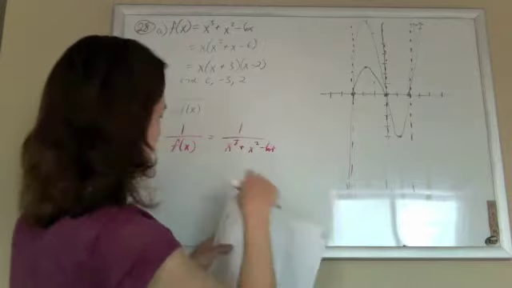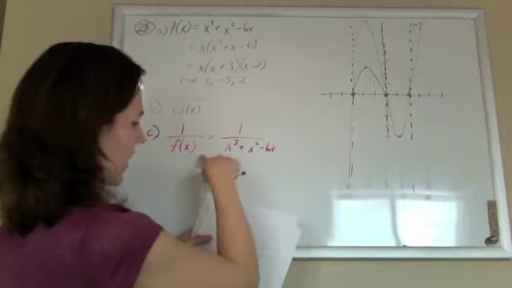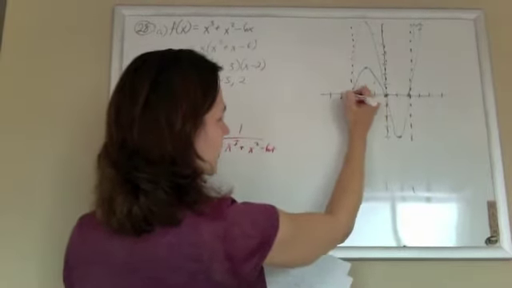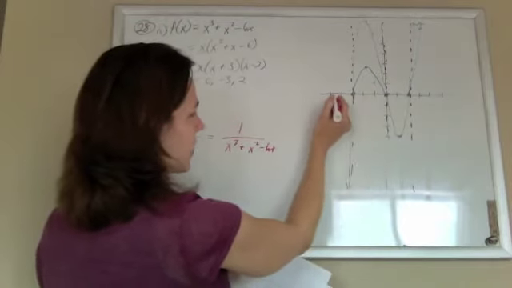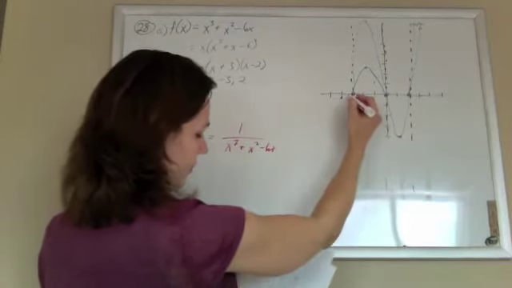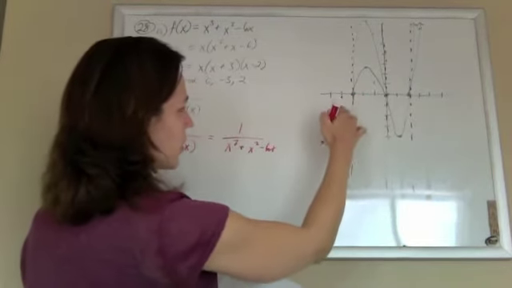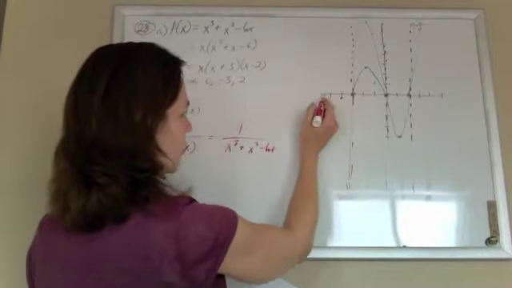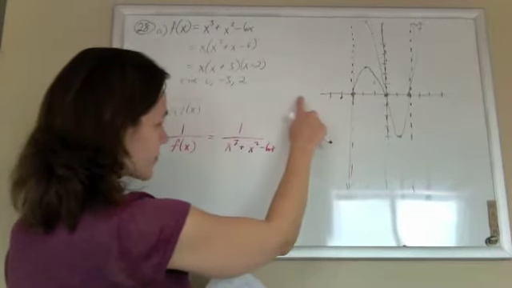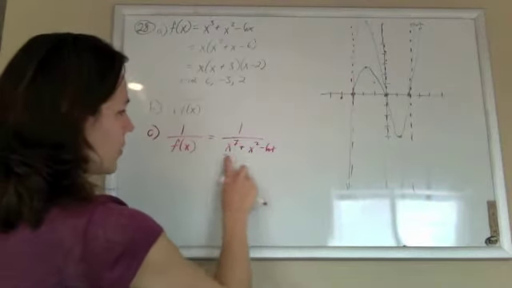When you plug in -4 to this, we got a -24, so now we're doing 1 over -24, so something very tiny. This one you might need a little bit more to go off of. If I plugged in a really, really big negative number here, I would get a very, very big negative number down there.